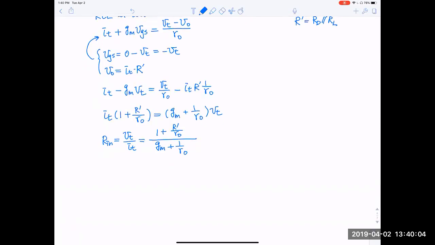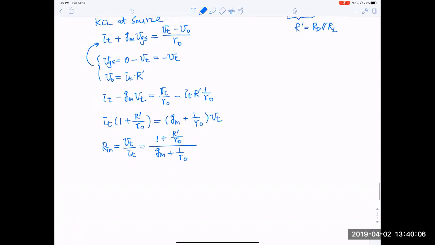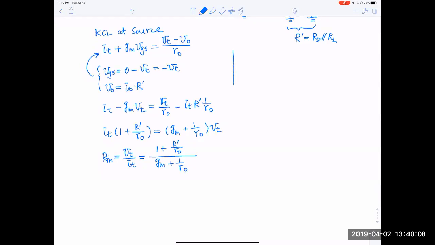It looks complicated, but we can look at typical values for these circuit parameters. GM generally is on the order of many millisiemens. Let's say typically it's 0.5 millisiemens.